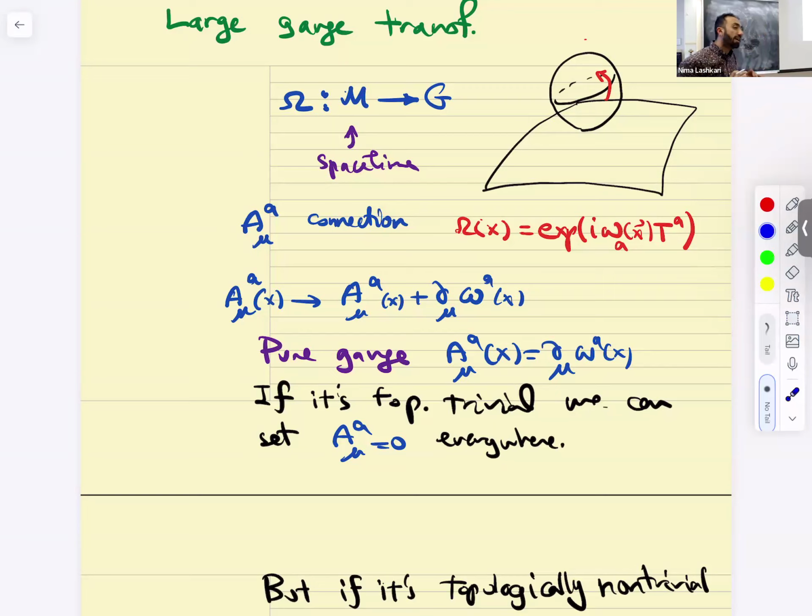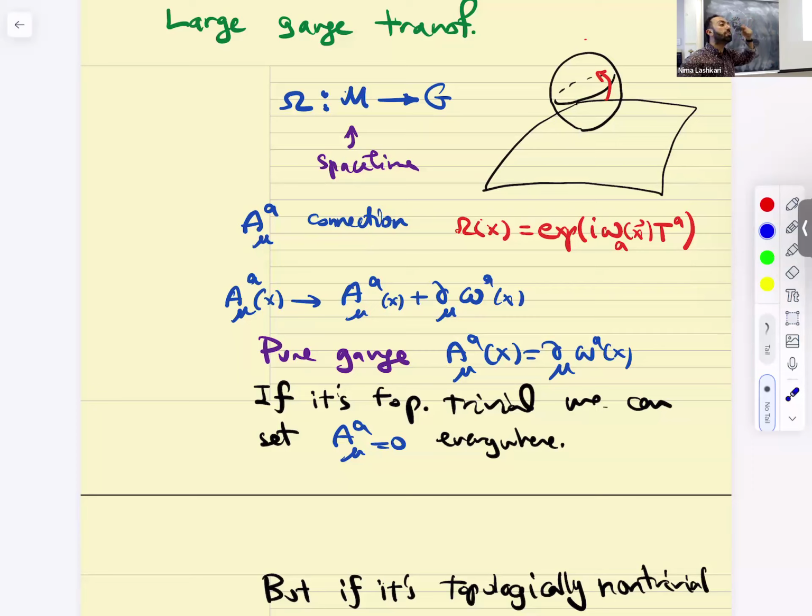So here's the first connection to instantons. When you have A_mu^a equal to 0 as a vacuum solution, as a solution to your classical equations of motion, if your transformation is just pure gauge, equations of motion are local objects. They're solved point by point. A pure gauge transformation will solve it. However, these are topologically inequivalent gauge fields. Therefore, they will contribute to the path integral as different saddle points.